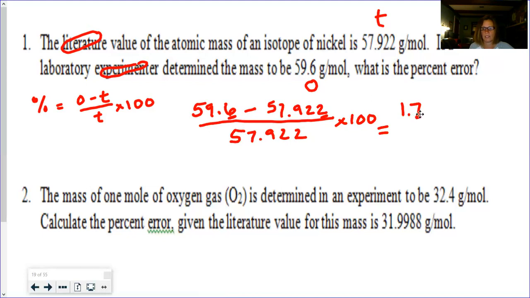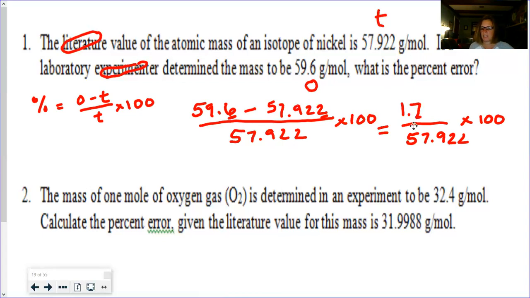Okay, so 1.7 is what we round to. And that's going to be over our true value, 57.922 times 100. Okay, so this was our first time we used sig figs, after the subtraction. And we applied the subtraction rule. Now we're going to divide.